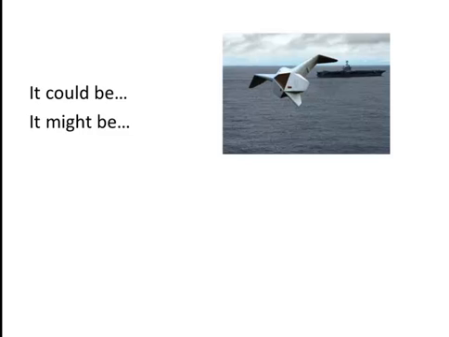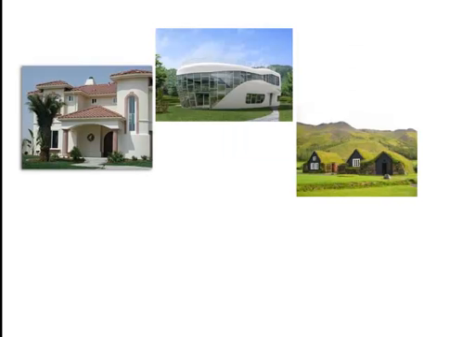The other thing that's a really easy structure to use with pictures is the idea of modals of possibility and probability. It could be, it might be, it definitely isn't, I'm sure it's, this kind of thing, with this mechanical seagull or whatever else it is. And another nice idea, I think, is for these kind of things.